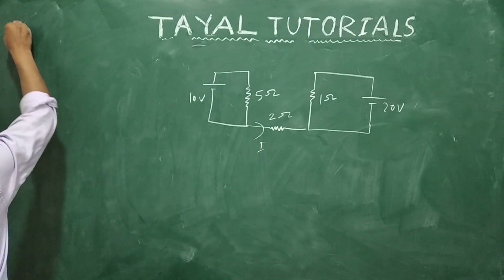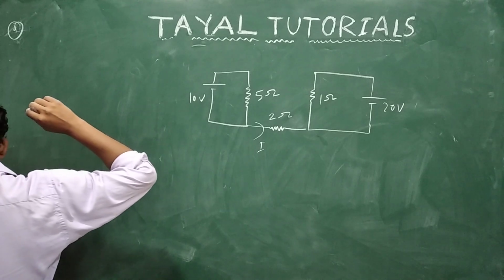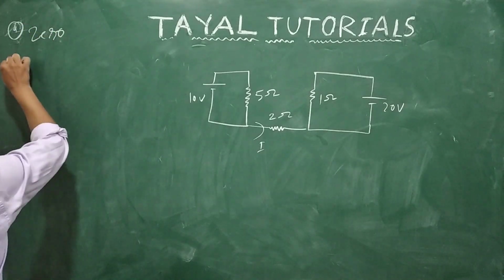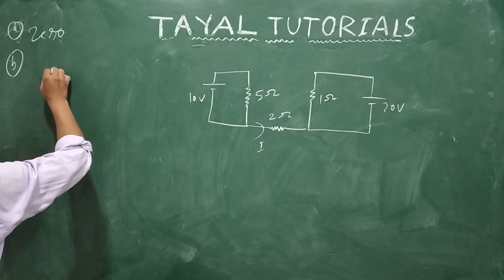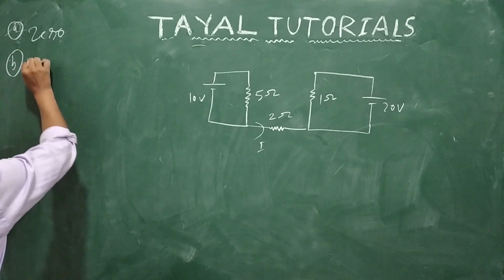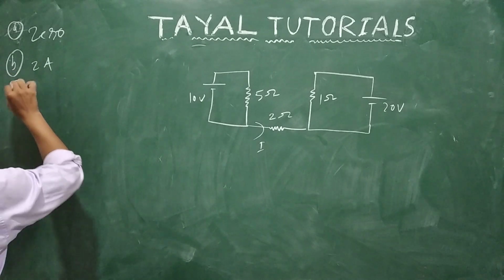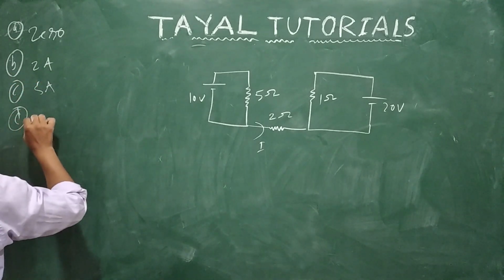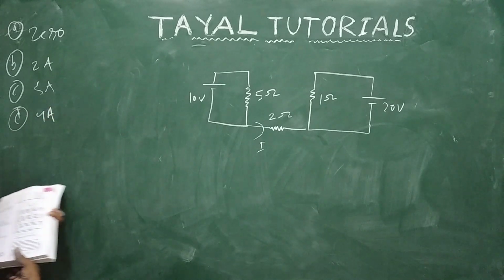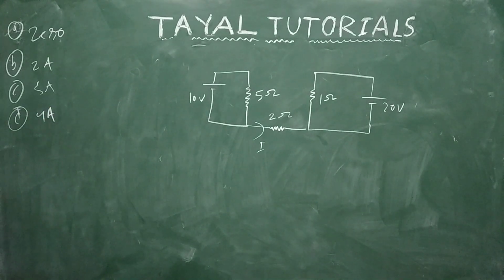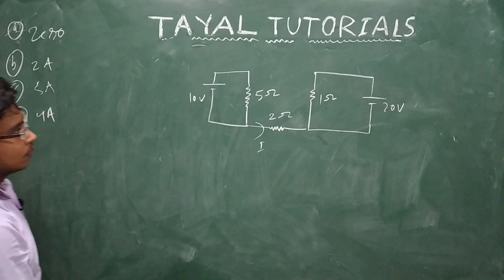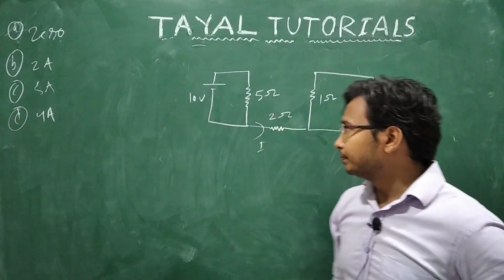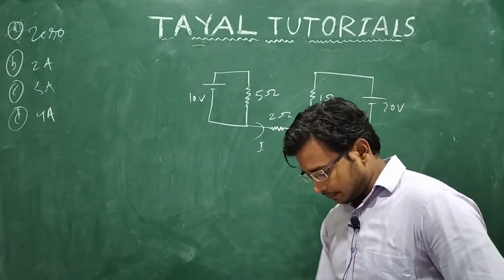So the options are: option A, 0; option B, 2 ampere; option C, 5 ampere; option D, 4 ampere. They are asking the value of current which will flow in that 2 ohm resistor. Simple. The correct answer is 0 ampere. How?